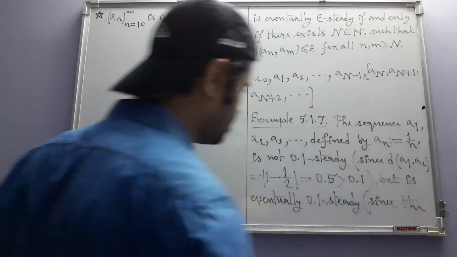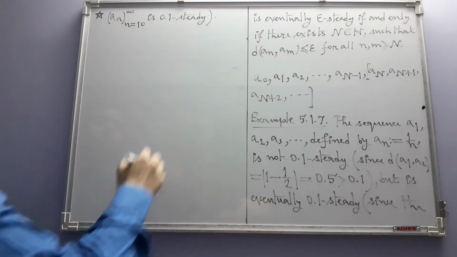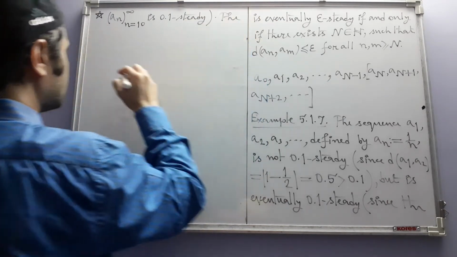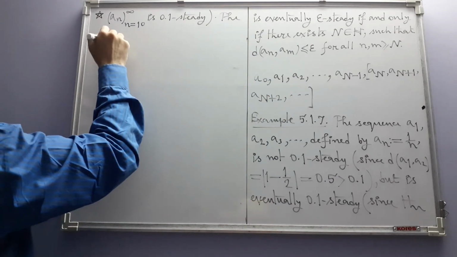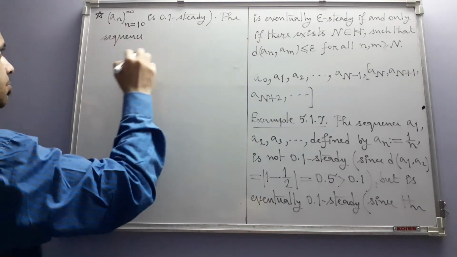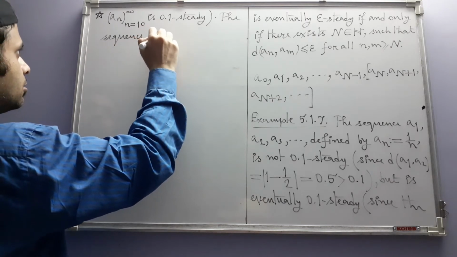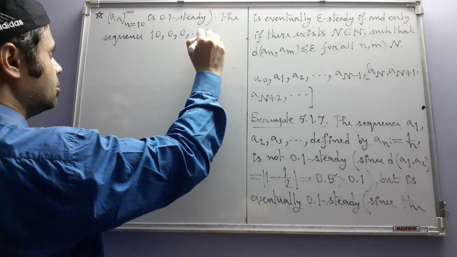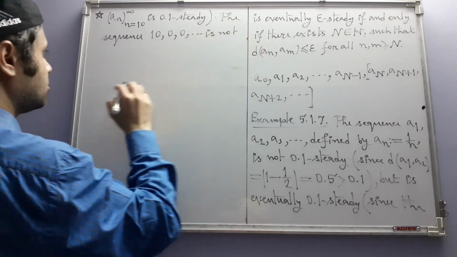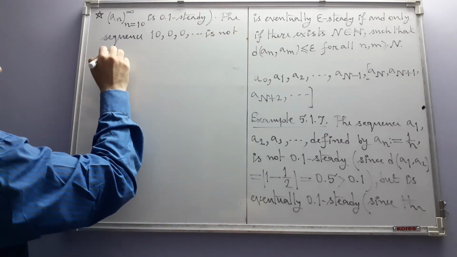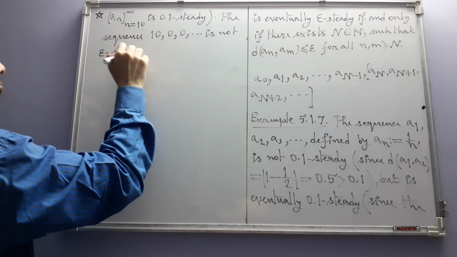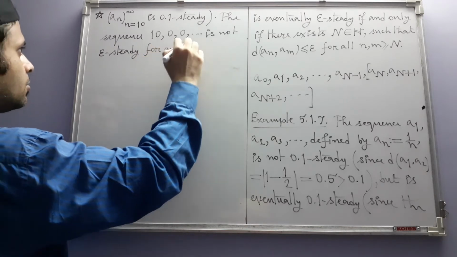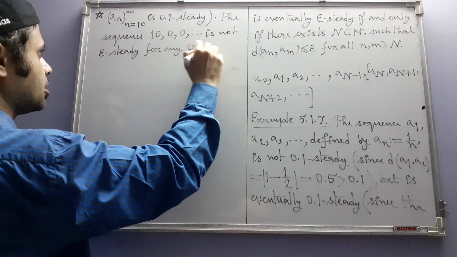And what about the sequence with which we started? The sequence (10, 0, 0, etc.) is not epsilon steady for any epsilon less than 10.